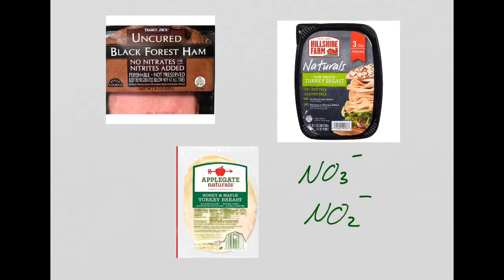So this is one of the cases where, if you can avoid it, why not avoid it? Again, you have to consume these for a long time, a huge amount over time, to bind to your DNA and have an effect on it. But if you can avoid it, why not avoid it?